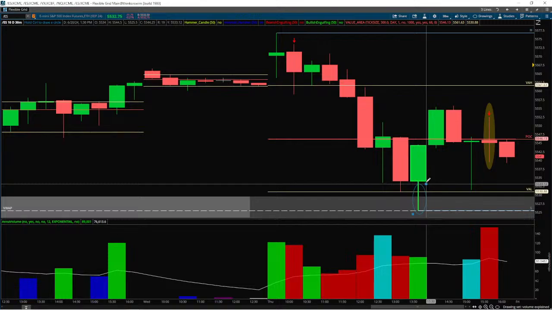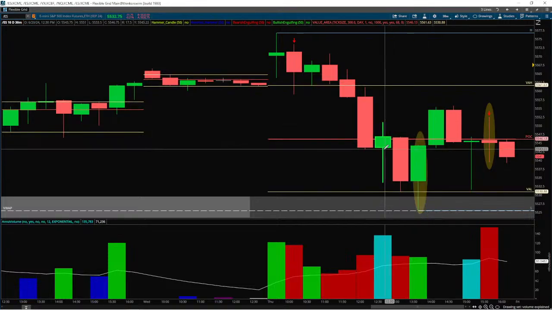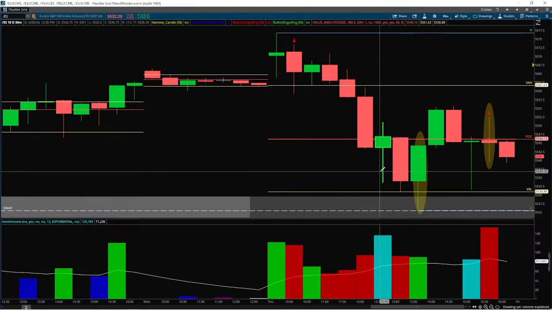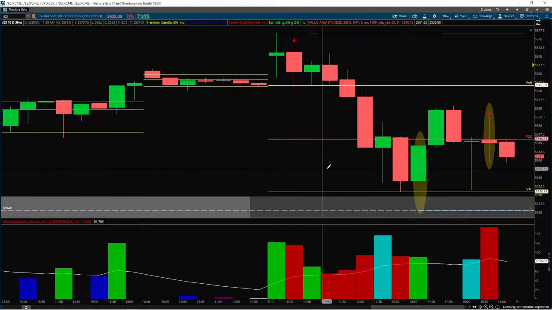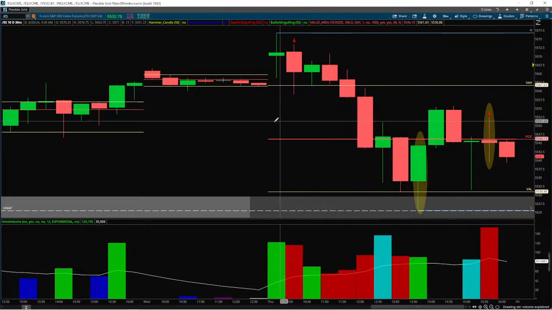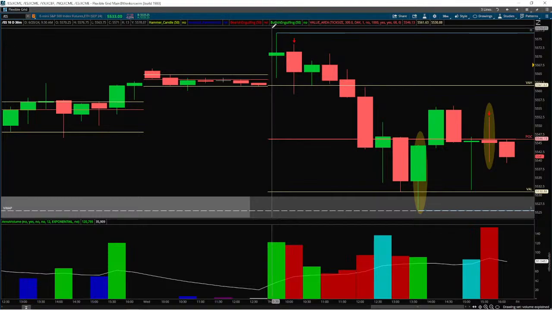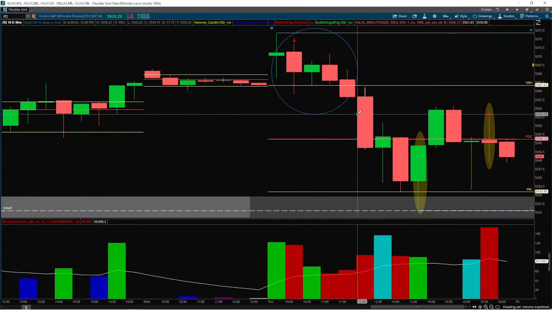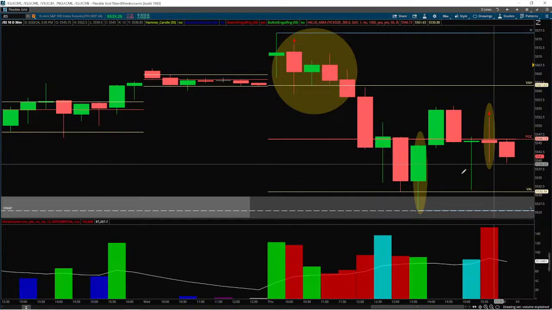All of this whole candle. This candle was a nice spike, but we're already in. And then I just have to look at all of these to see if I can find anything. This is a broad, general area.